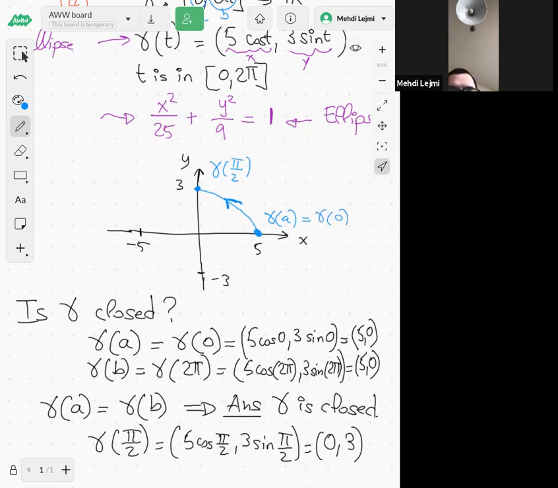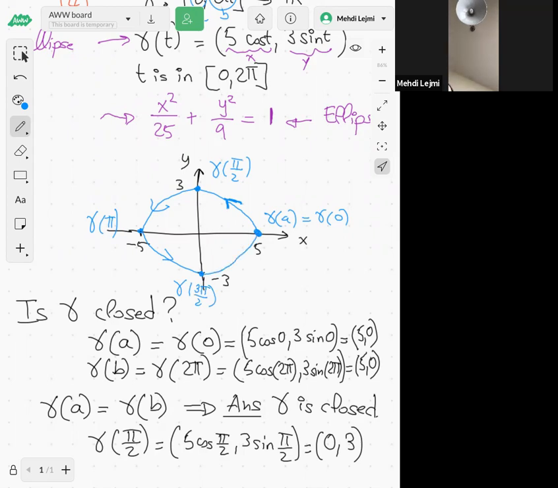Now, if you do gamma of pi, that will be (-5, 0). So this is gamma of pi. And if you do gamma of 3 pi over 2, that will be (0, -3). So this point here is gamma of 3 pi over 2. And finally, gamma of b. B is 2 pi, it's the same as gamma of a.